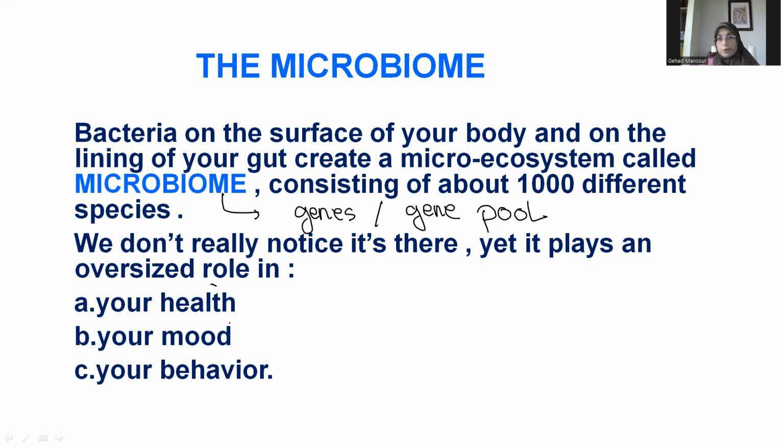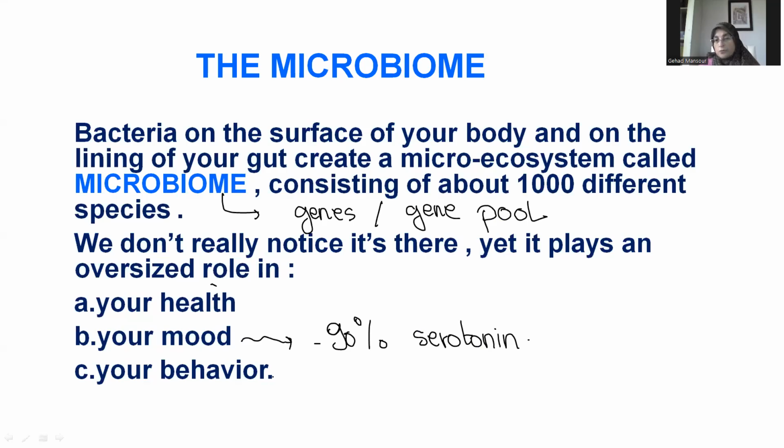We said before that, for example, the gut flora produce 90% of the serotonin that is produced in your body, and that is essential for your well-being and for a good mood.